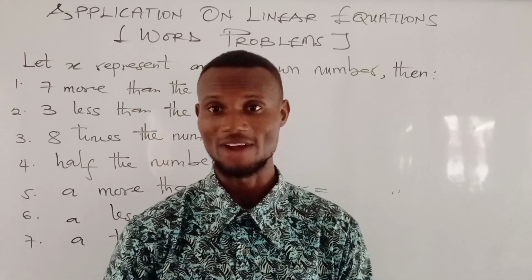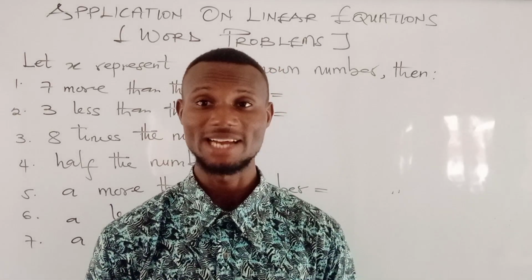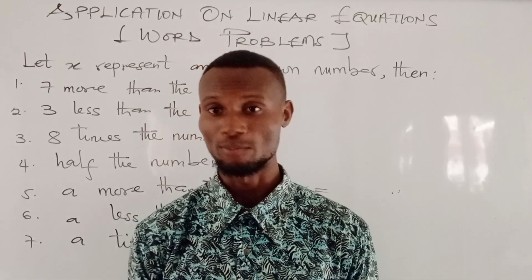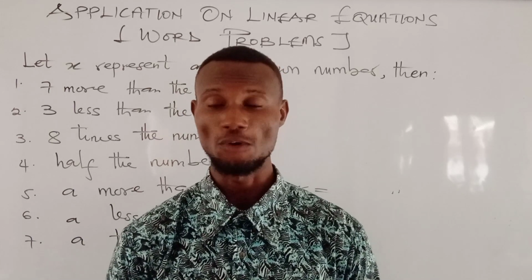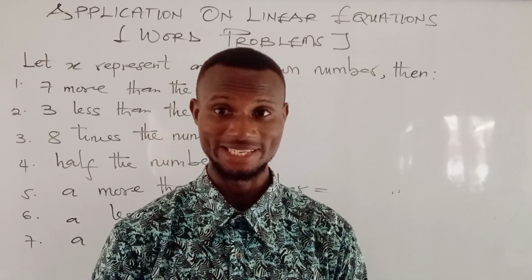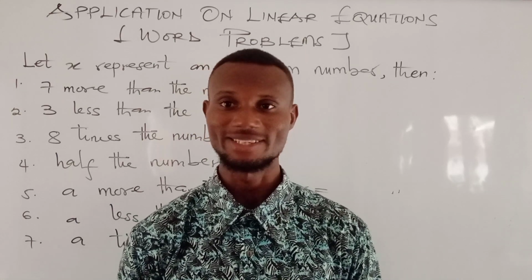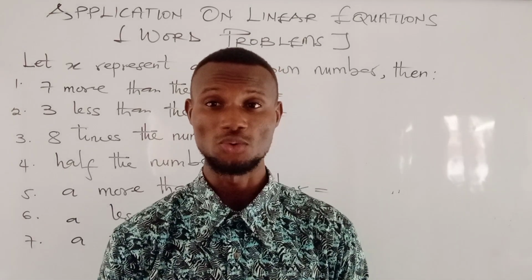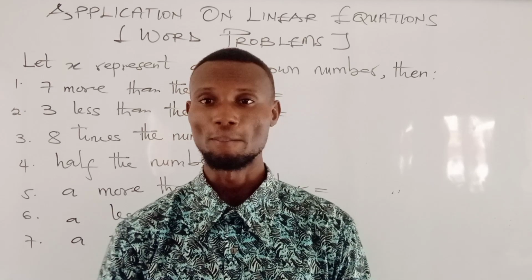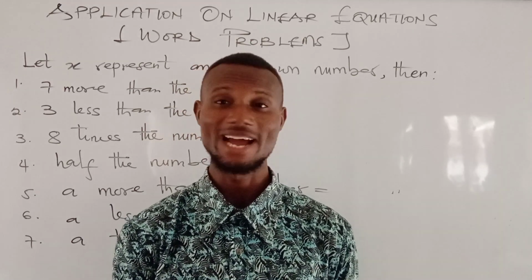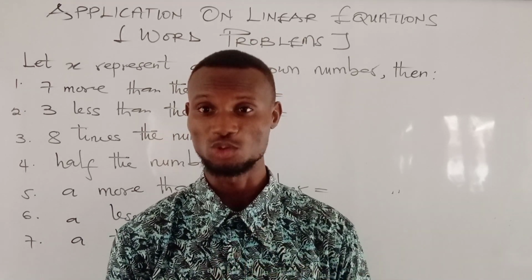I'll go over it one more time: given any word problem question and you are looking for a particular value in it that you don't know, what you do is represent that value that you are looking for by a variable. That's the first thing that you're supposed to take note of.